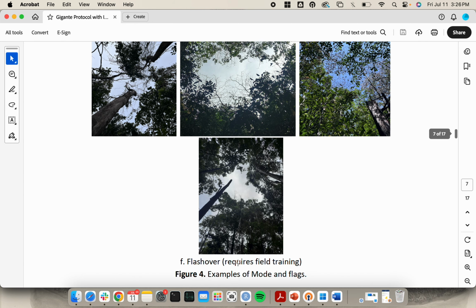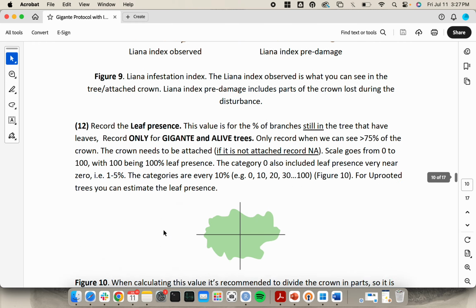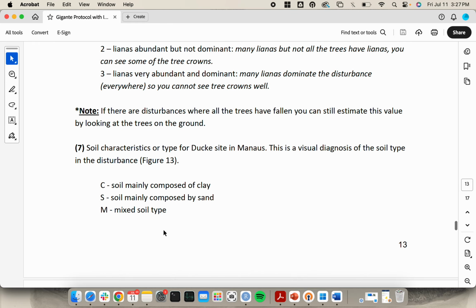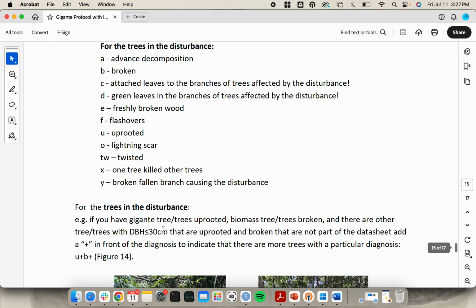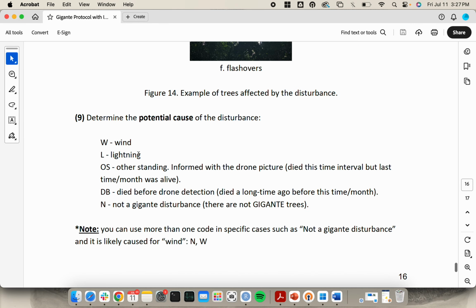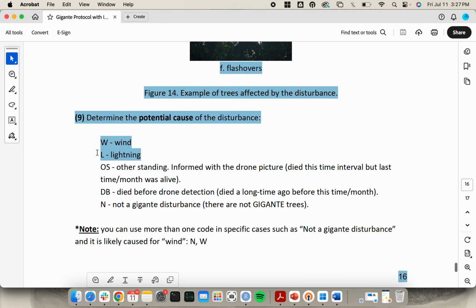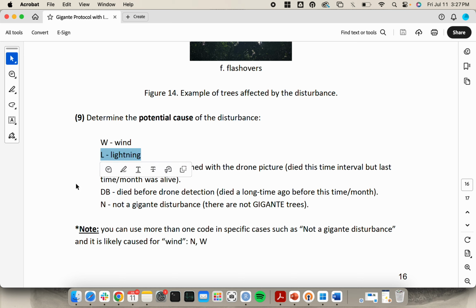If you look in the understory, let's say this tree here was struck by lightning, you can see all the flashovers pointing towards this direction, and a lot of these smaller trees around this big tree should be dead or brown and dying. If you see a lot of these flashovers and dead smaller trees around the big tree that was hit, it is likely to be lightning.